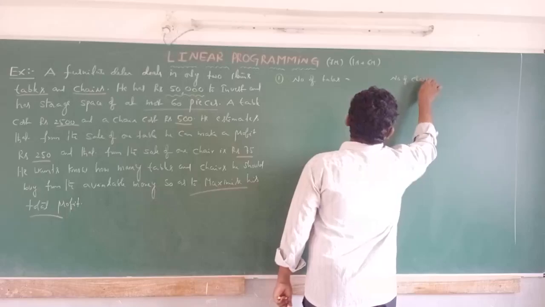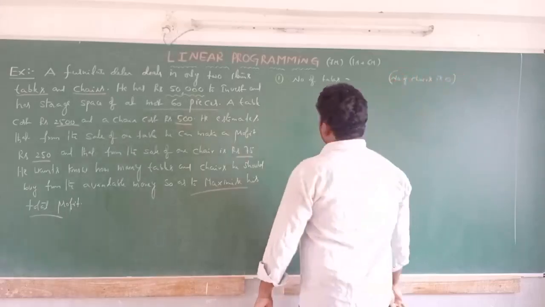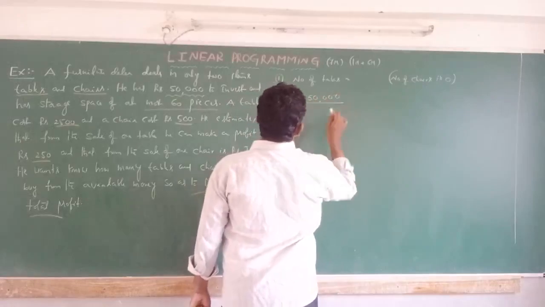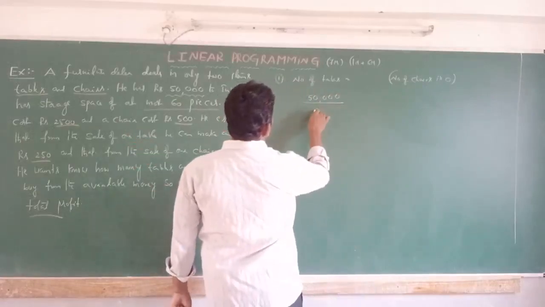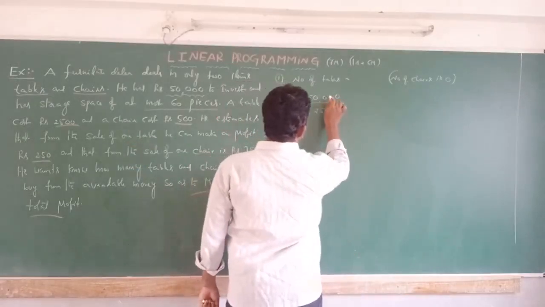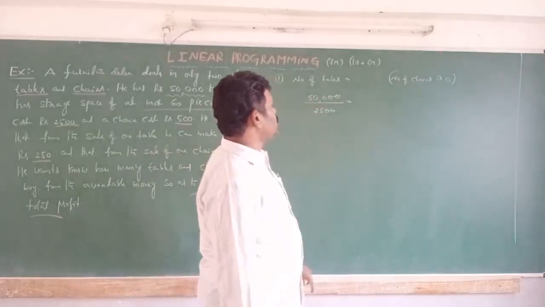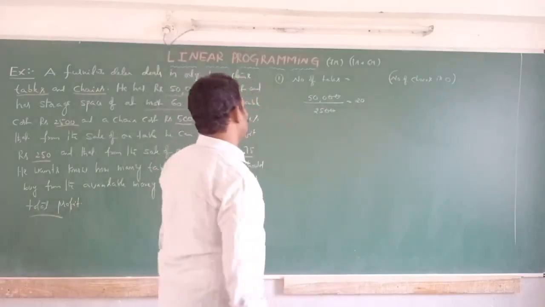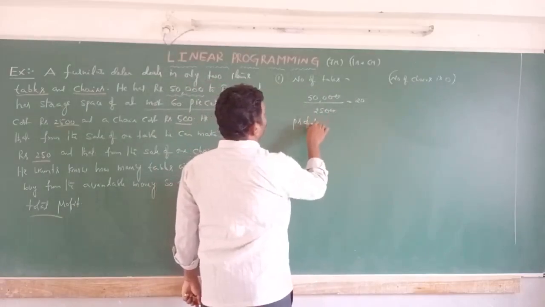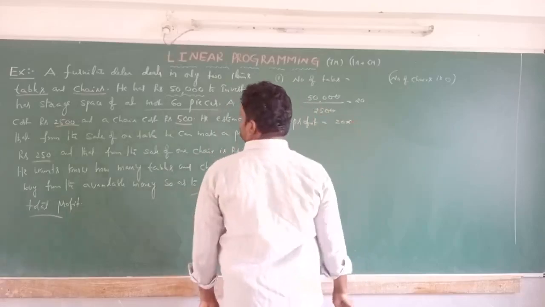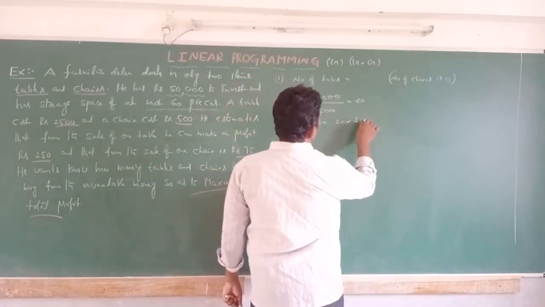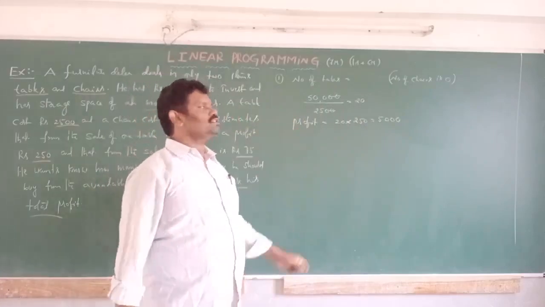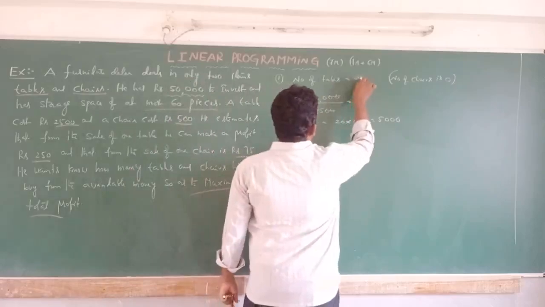The invest amount is 50,000 and each table costs 2,500 rupees. Cancelling two zeros, 25 times 2 is 50, so by using that 50,000 you can buy 20 tables. Then profit is 20 times the profit of each table, 250 rupees, which equals 5,000 rupees. So number of chairs is 0 and we get a profit of 5,000 rupees.